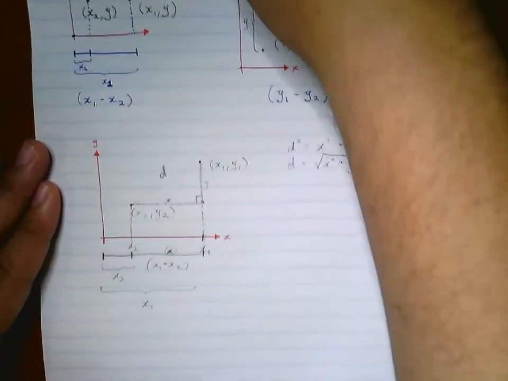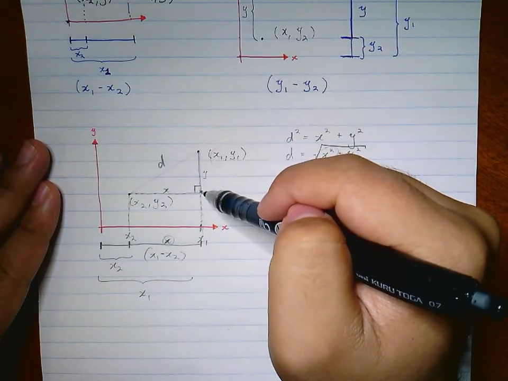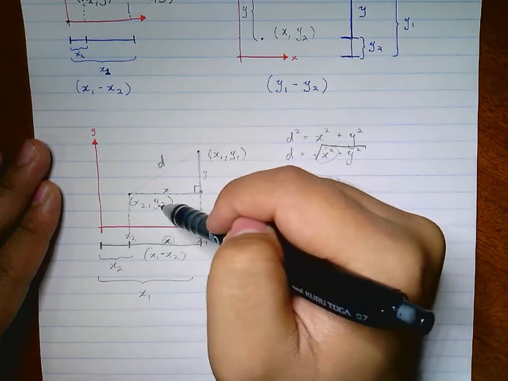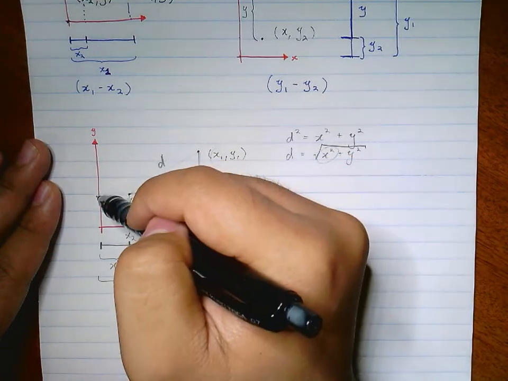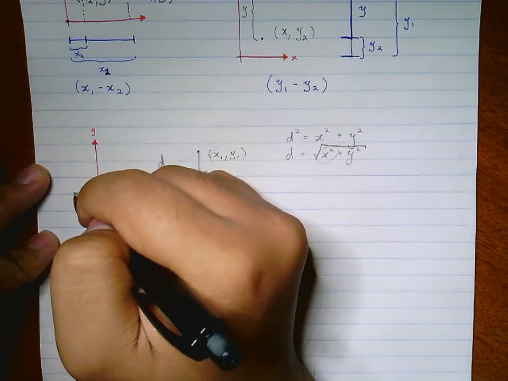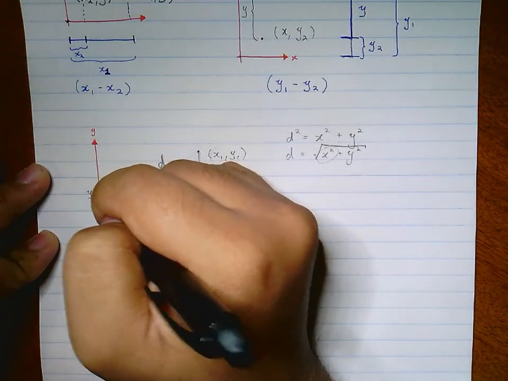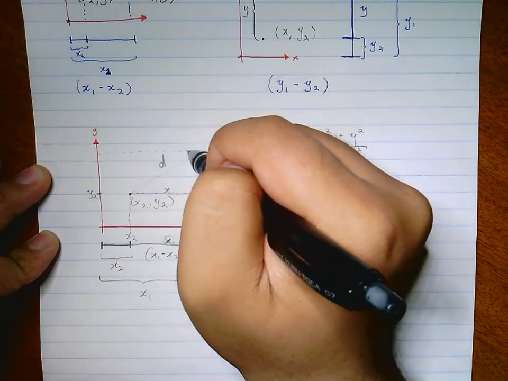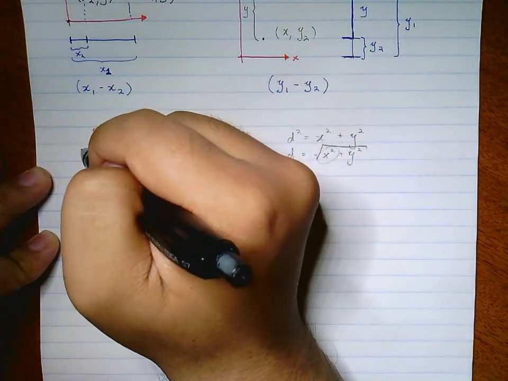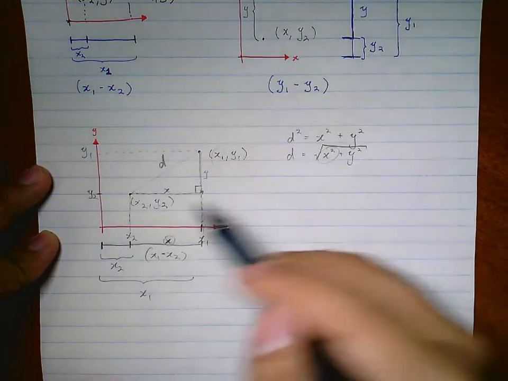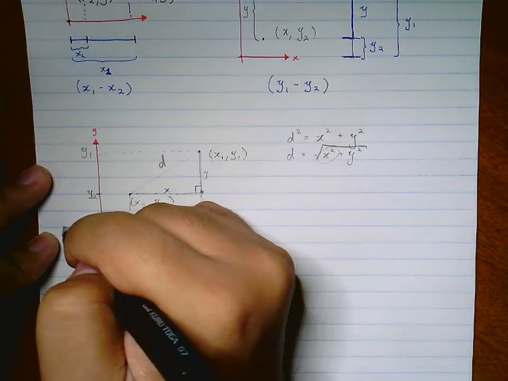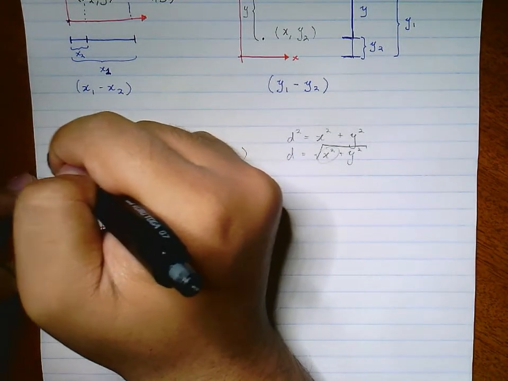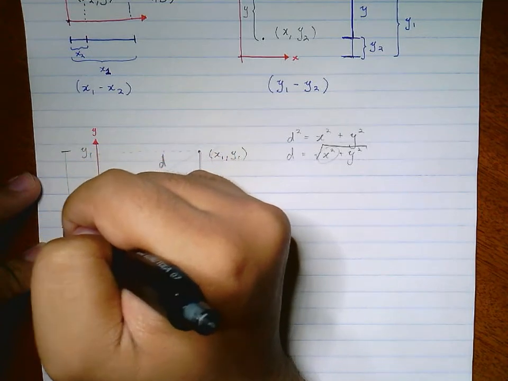Similarly, this height is the same height as y2. Do you see that? So that there is y2. And this height here, that height there is y1. So from 0 to y1, that gives us a length of y1.